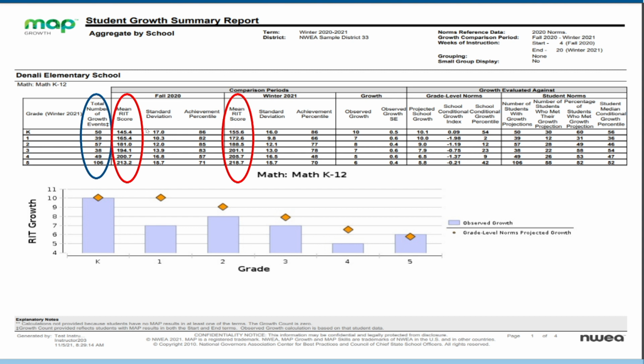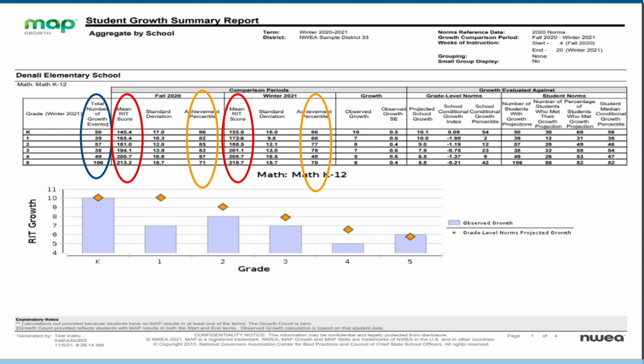I'm going to highlight here that the kindergartners in math started at a 145.4 in the beginning of the year when they tested, and as of the winter testing period, scored a 155.6. Those Writ scores correlate with an achievement percentile, so that 145.4 in the fall indicates that students on average are performing around the 86th percentile.